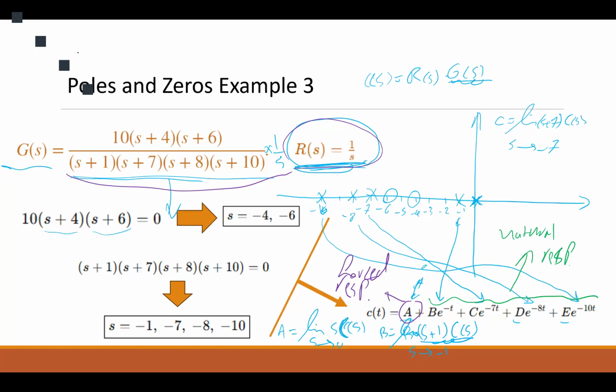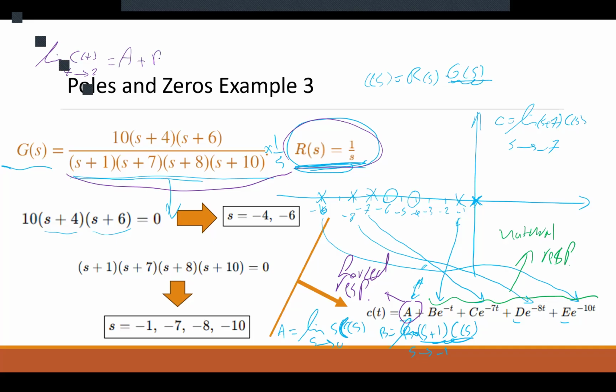Okay, c of t when t goes to 2, which is one of the times in a transient, is going to be A plus B e to the power of minus 2 plus C e to the power of minus 14 plus D e to the power of minus 16 plus E times exponential of minus 20. Does that make sense? We just put t equal to 2.